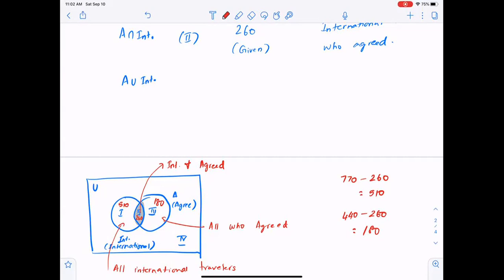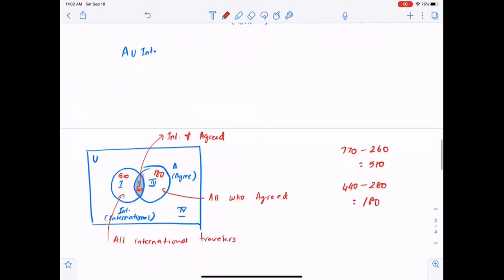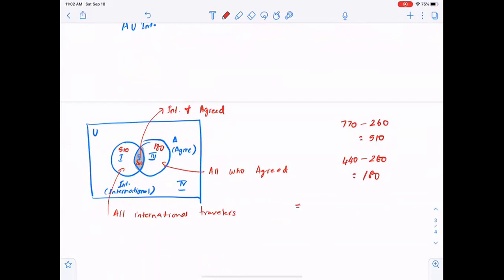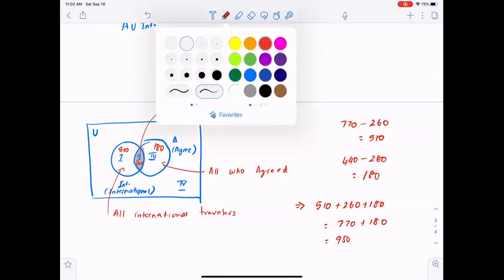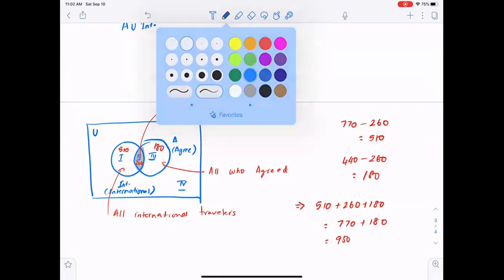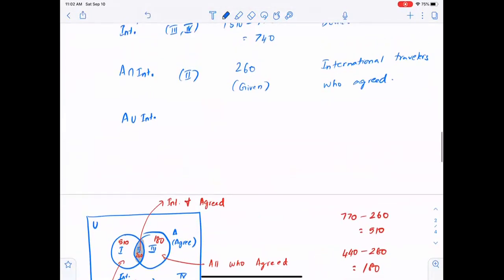So A union International would now consist of the counts 510 plus 260 plus 180. So that would be 770 plus 180. We get 950. So our answer for A union International, the regions would be 1, 2, and 3.